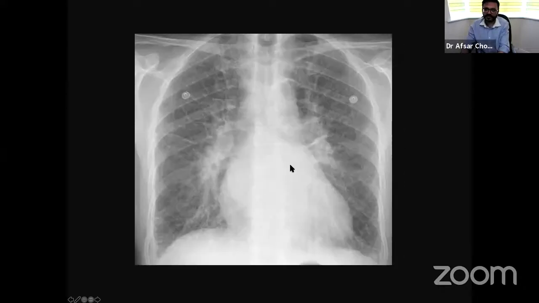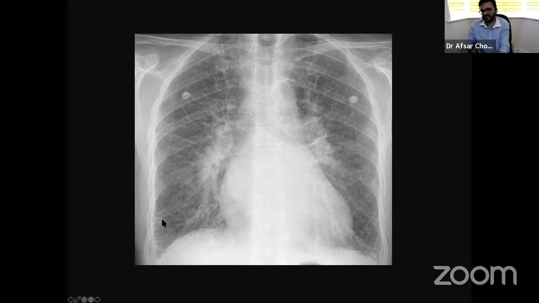As it goes further, this is a well-established interstitial pulmonary edema, where in the perihilar region you can see a lot of shadows. There is cuffing around the bronchi, and what you see here is all interstitial thickening. Those are called Kerley B lines. They are perpendicular lines you see in the lung bases, as you can see here on both sides.